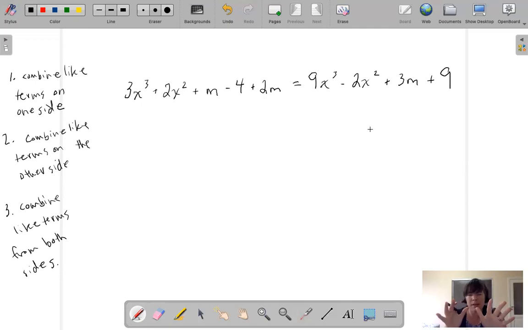Don't do that. First thing we do, combine like terms on one side. So you can just completely ignore this side. Let's combine the like terms over here. I have 3x cubed. I don't have any more 3x cubed. 2x squared.